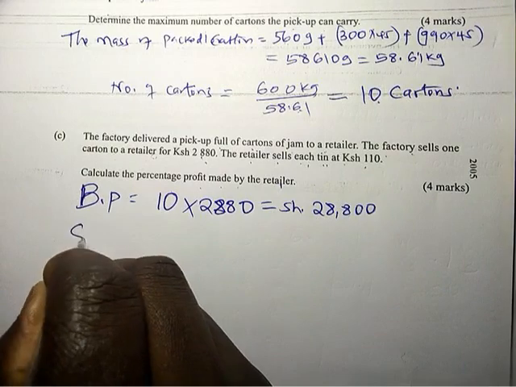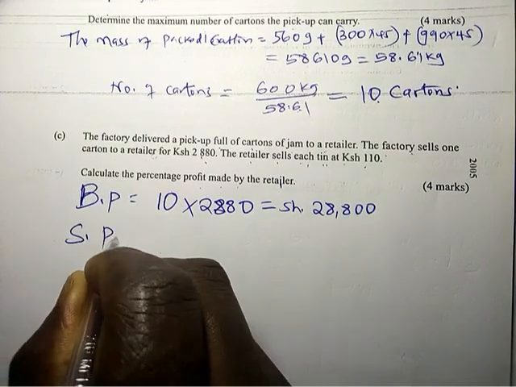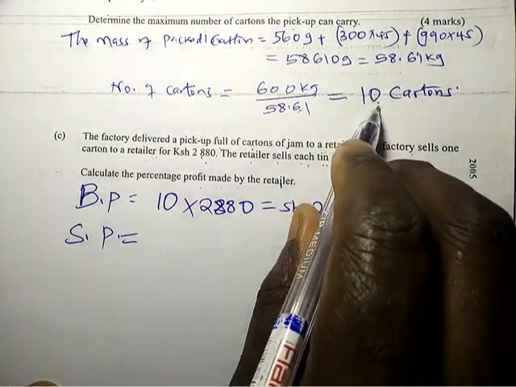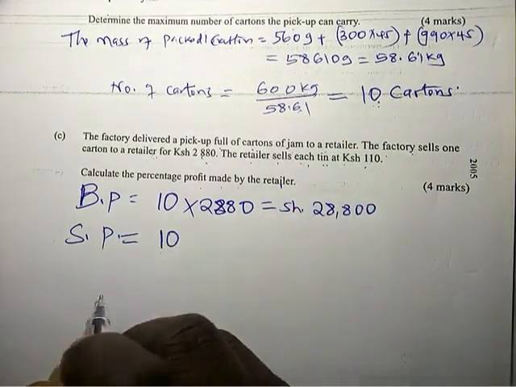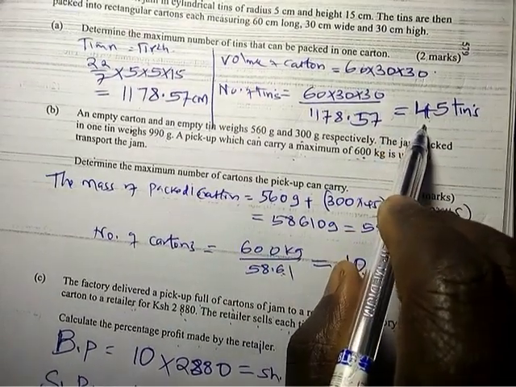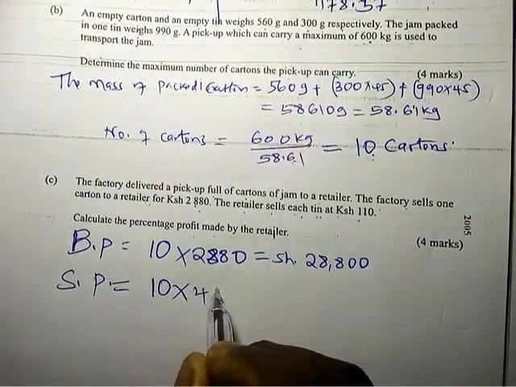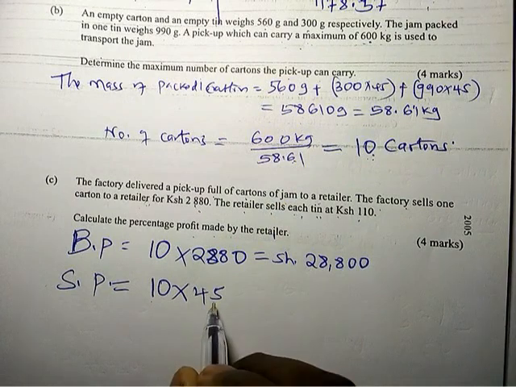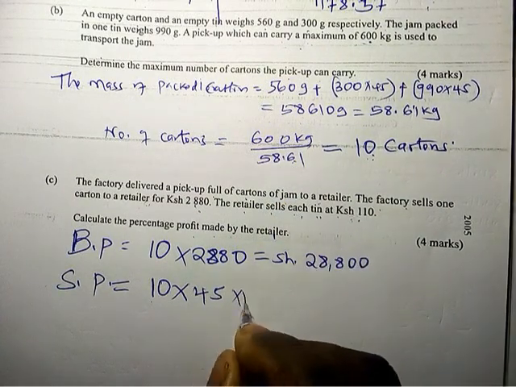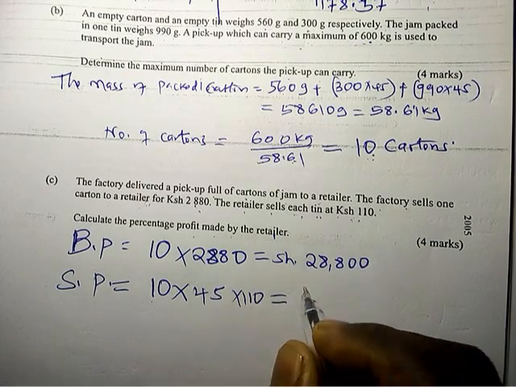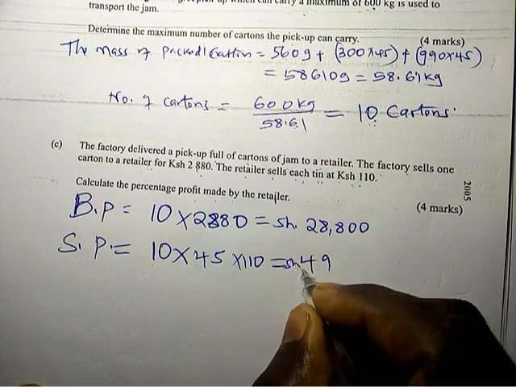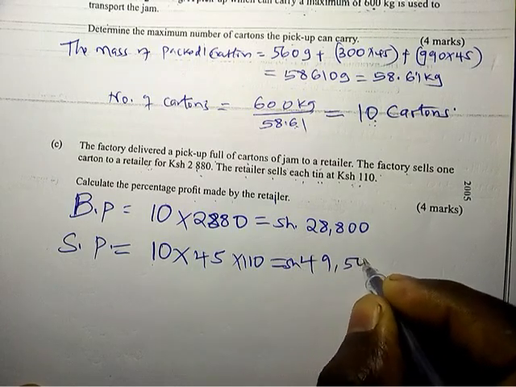Now let us see the selling price. There were 10 cartons, and each carton has 45 tins, so times 45. Each tin he sells at 110, so times 110. The total money is 49,500.